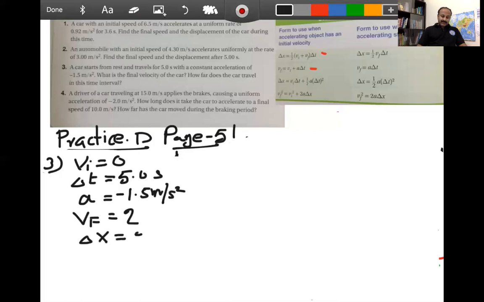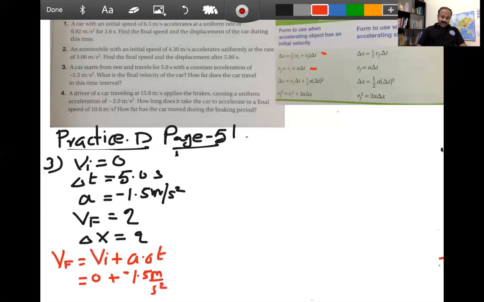Okay. So same like before, you are going to use which equation? Vf is equal to Vi plus a delta t. So that is equal to Vi is 0 plus acceleration is minus 1.5 meter per second square times time duration delta t is 5.